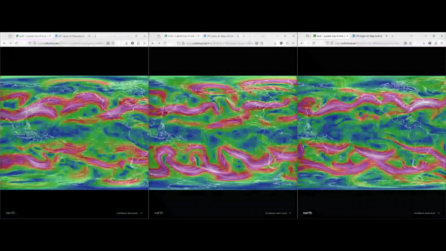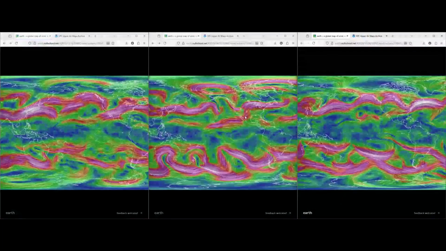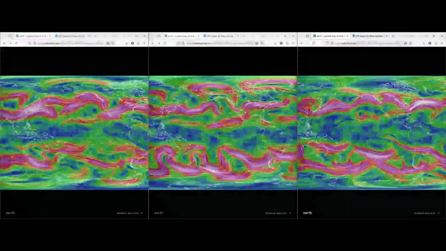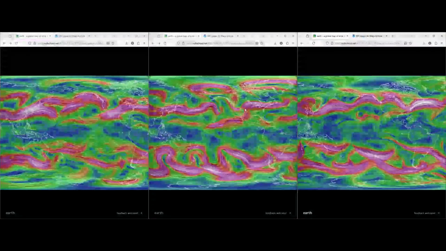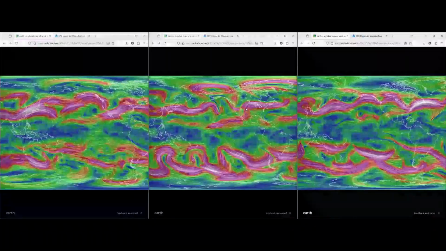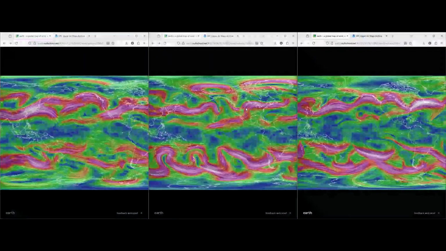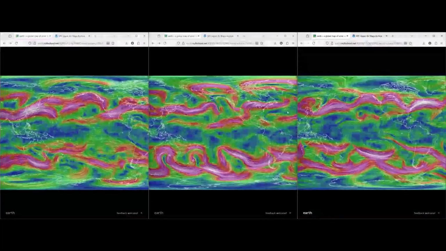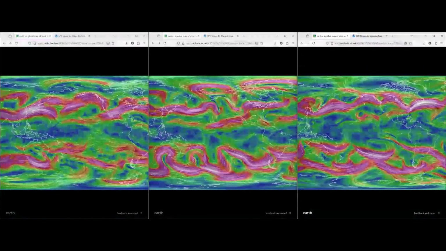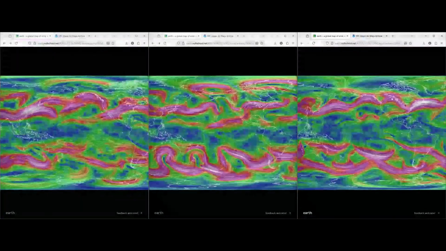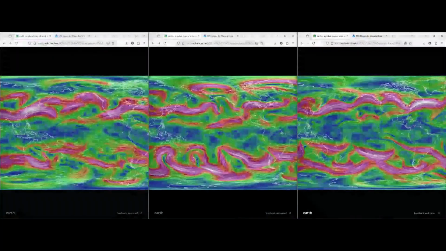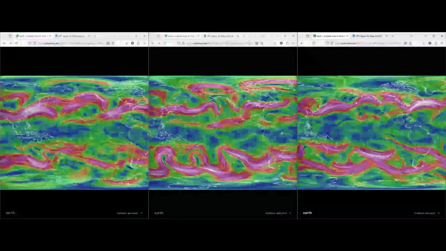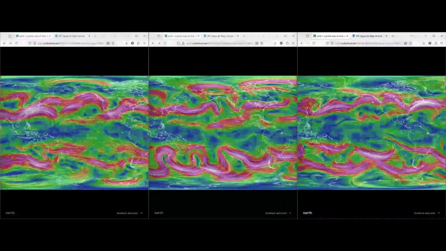So in the middle I have the normal conditions. Not going to worry too much about that. We're just going to focus in on La Niña and El Niño and how that brings either wetter or drier conditions for different parts of the region. All right, and so here is La Niña. What we see here is the jet stream has moved more northerly, and this is very typical of La Niña.